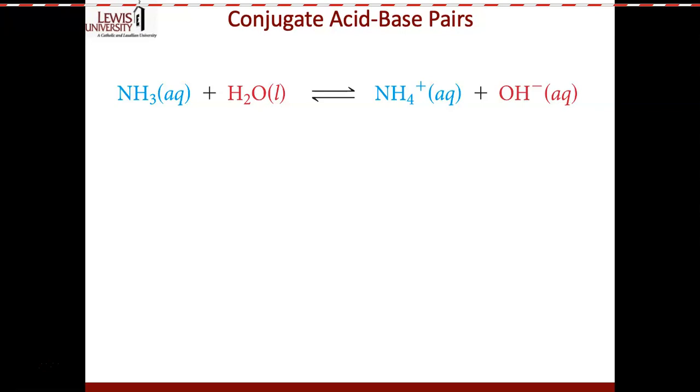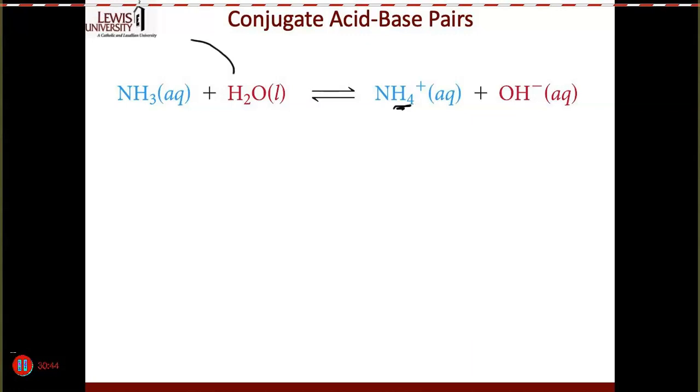All right, so if we think about this reaction, we have to consider where the proton's going. And we say, well, I'm picking up an extra proton here in NH4+. So that proton from H2O has to be going over here to ammonia. And if that's the case, this makes NH3 my base and H2O my acid.